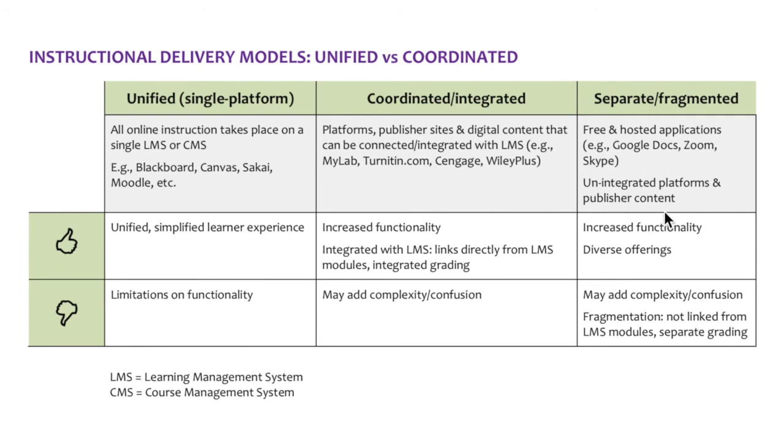Finally, you have the possibility of this separate or fragmented approach, where some of the things are being managed through Blackboard. Some of the things are maybe going on through Google Docs. You're meeting through Zoom or Skype and so on. And this specifically would be the case where it's not integrated together. It's all treated separately. And some instructors choose to do that.